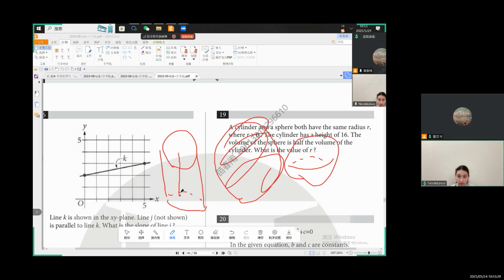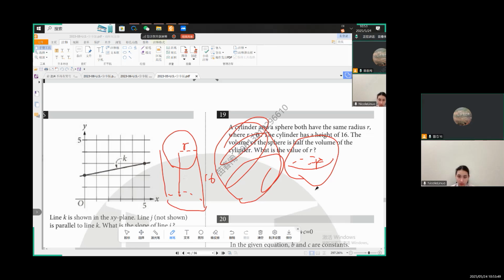Yes. The volume of the sphere is half the volume. So if I mark this as R, and this is R for him, let me write it.